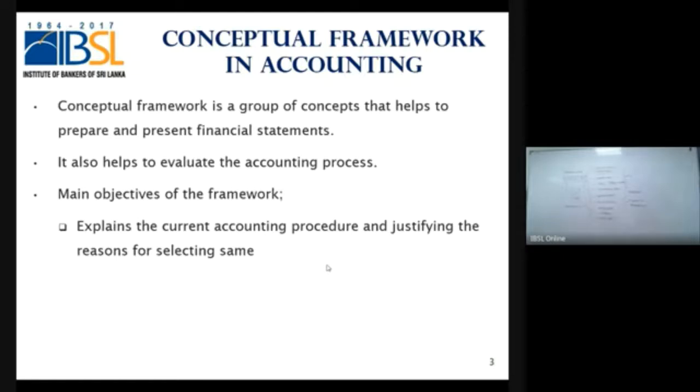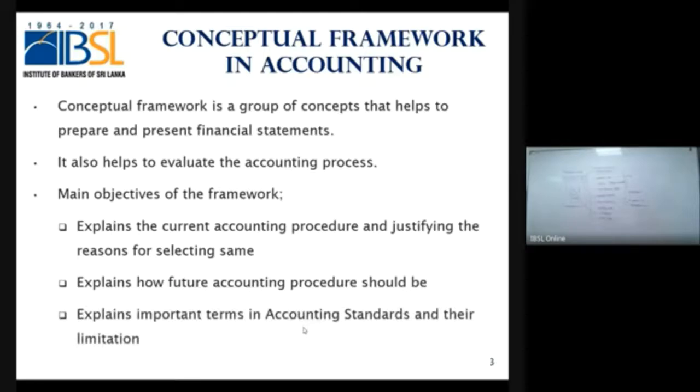accounting standards which will govern or regulate all these concepts and the framework. And it also explains how your future accounting procedure should be.